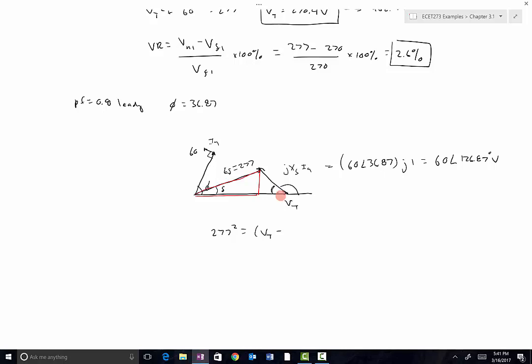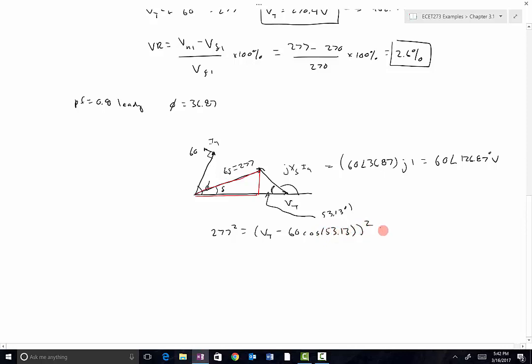And so that angle is 53.13 degrees. It's getting a little tight in there, but that's 53.13 degrees. So I want to subtract off the projection of this vector in that direction. So that's going to be VT minus 60 cosine of 53.13.